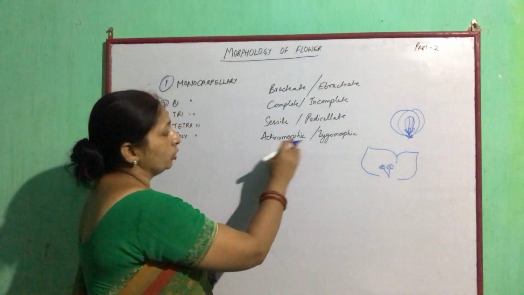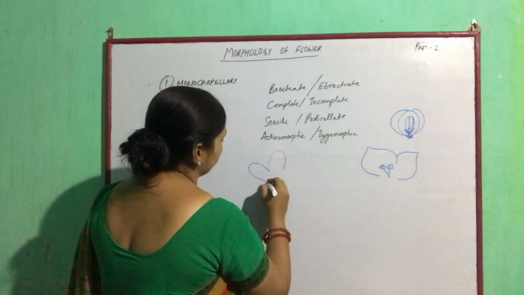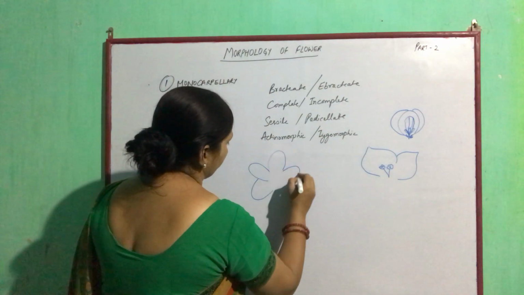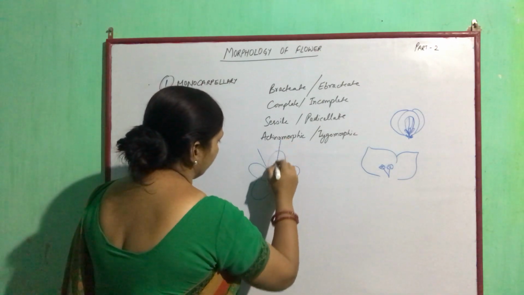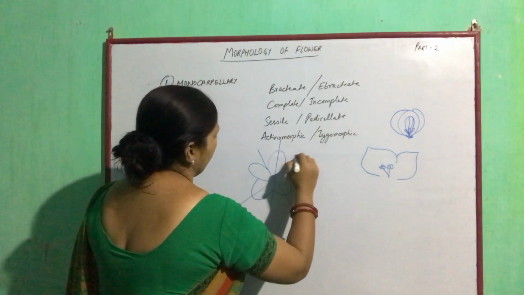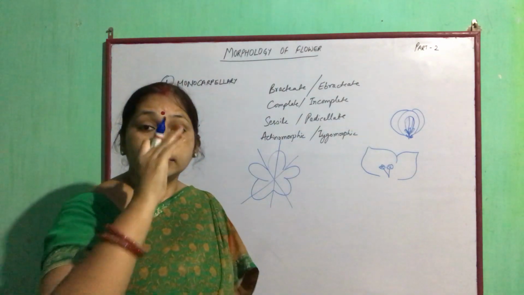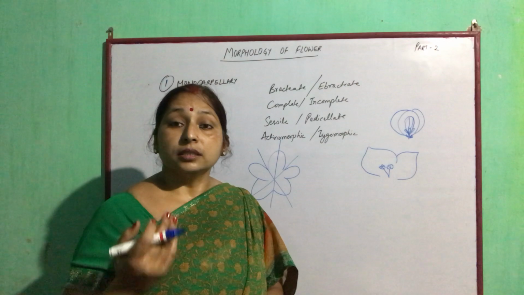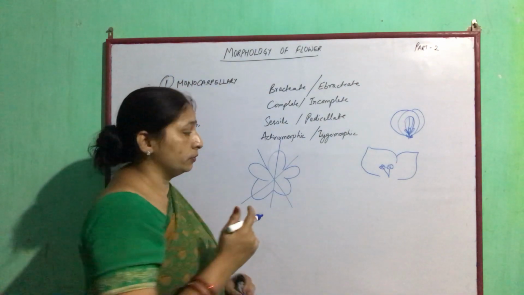Next structure is actinomorphic or zygomorphic. If the flower is like this and you cut it from any plane and the structures are exactly the same, when you cut through any plane, then the flower is termed as actinomorphic flower.